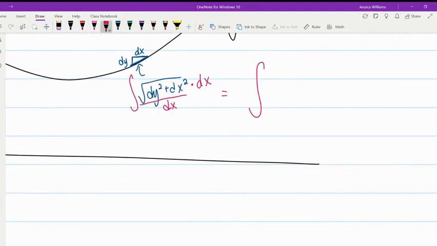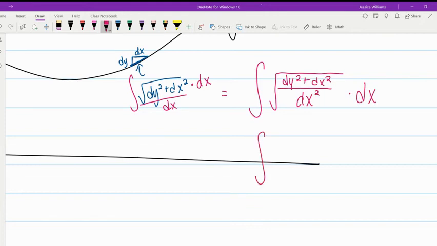I'm going to put the dx inside the radical with everything else. So there's dy squared plus dx squared all over dx squared, because it's squared and square rooted, so I haven't changed it. And then it's just a quick clean up. So then it's the integral. We all know that you can put those together and put those together. So it's the square root of dx squared over dx squared is 1, plus dy/dx squared, times dx.